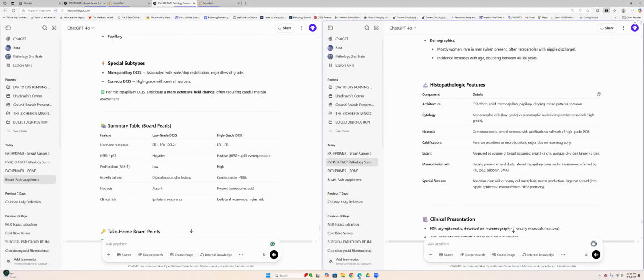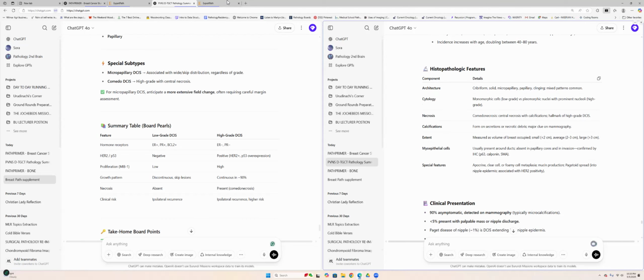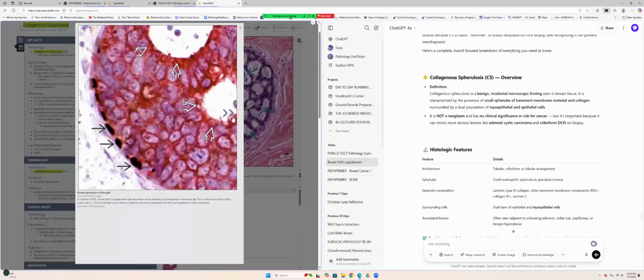Unlike in collagenous spherulosis, where P63 will be positive in the pseudo-luminal spaces, but negative in the true luminal spaces that normally have apical blebs. Let's quickly finish up this.